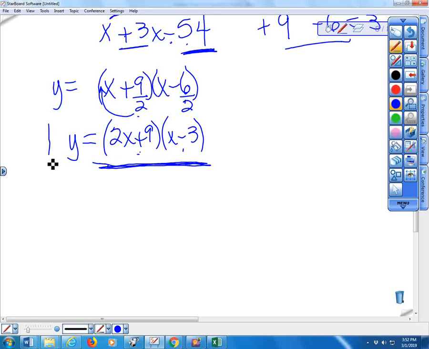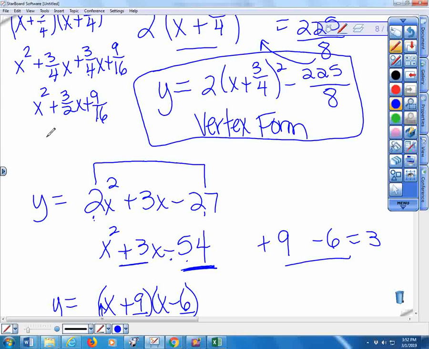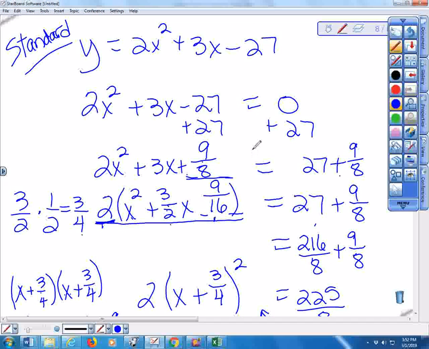Getting it into vertex form, I can scroll down, lets me see the vertex right away, which is why it's called vertex form. So I can see what the vertex is, and we'll talk about that in a minute when I'm asked to find the vertex. In standard form, I have to use a couple of equations, and I can find the vertex in standard form. But in standard form, the thing I can see right away is the y-intercept, because the y-intercept is always the constant.